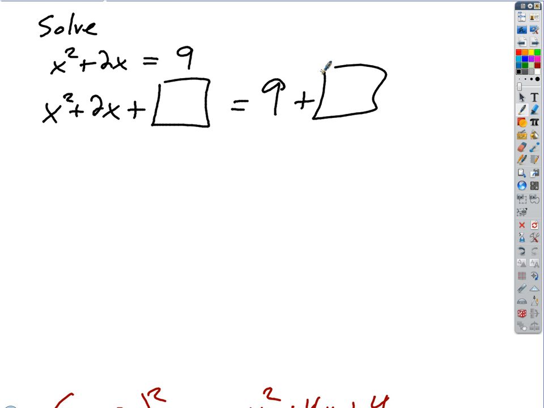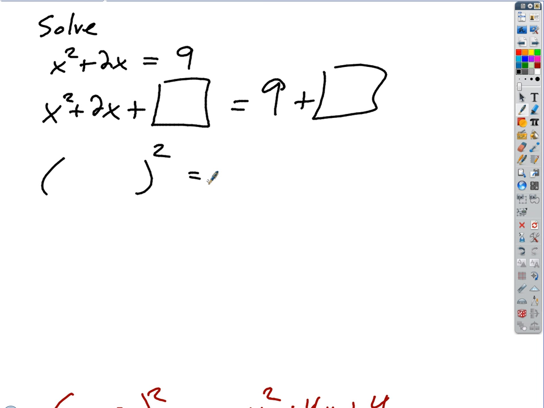There's no reason for us to push this 9 back to the left like we did the first time. We want just the x squared plus bx on the left, and everything else we're going to shove over to the right to get it out of the way. We want to take this x squared plus 2x and add just the right number on the left side to make it something like that.